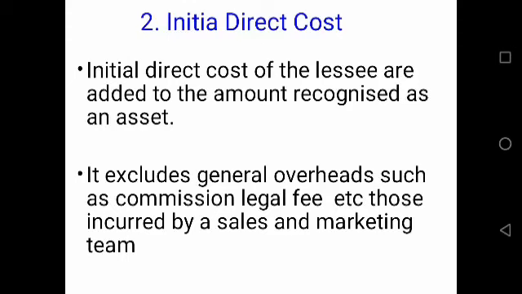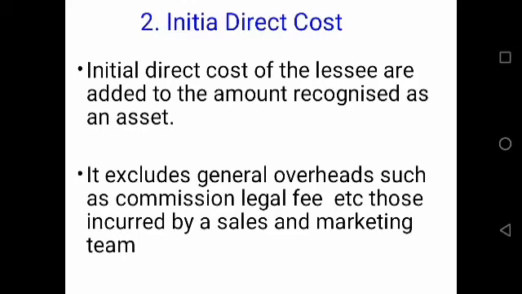But we should exclude some items from initial direct cost, such as commission, legal fee, etc., which are incurred by the sales and marketing team. Only the amount connected with the purchase of the leased item can be added as initial direct cost.